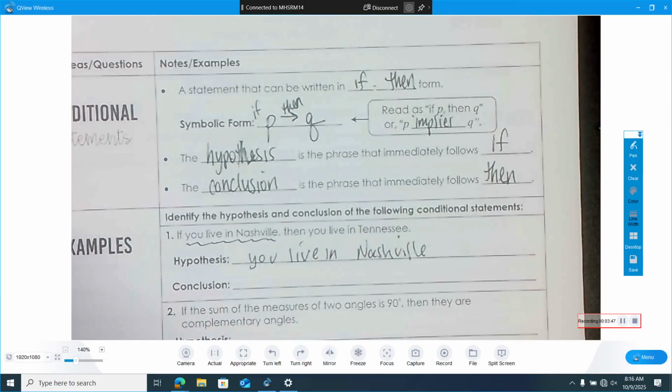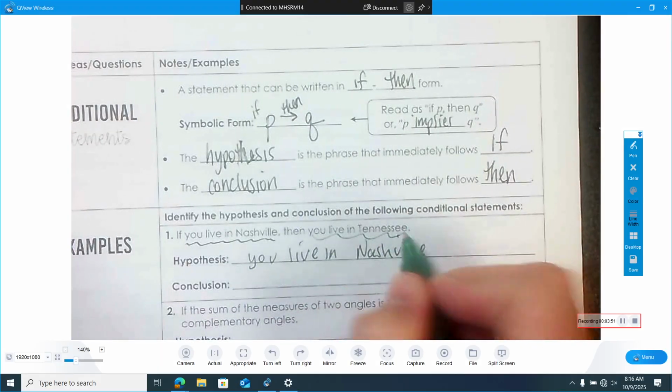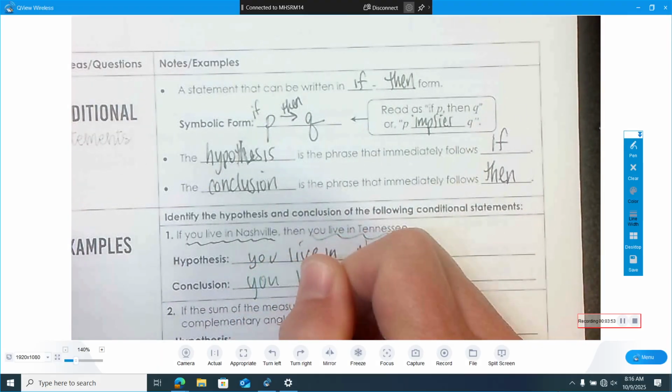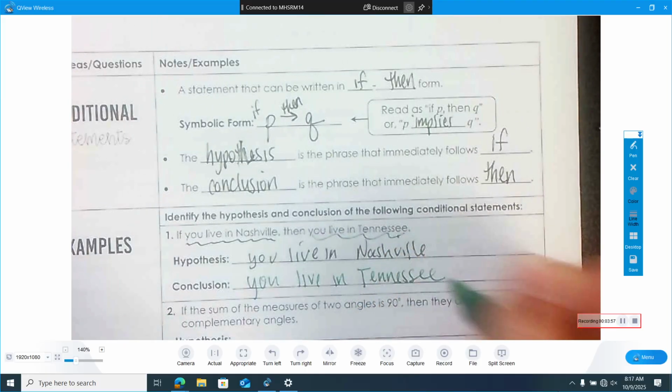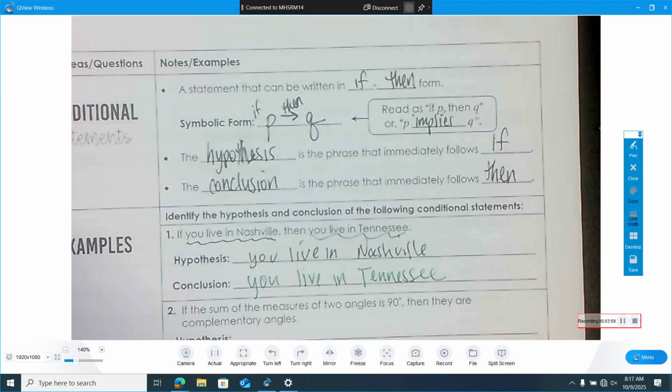What's the conclusion? You live in Tennessee. So the if gives us a hypothesis, the then gives you the conclusion. Pretty easy.